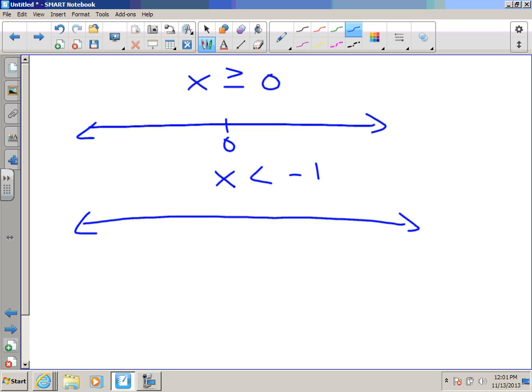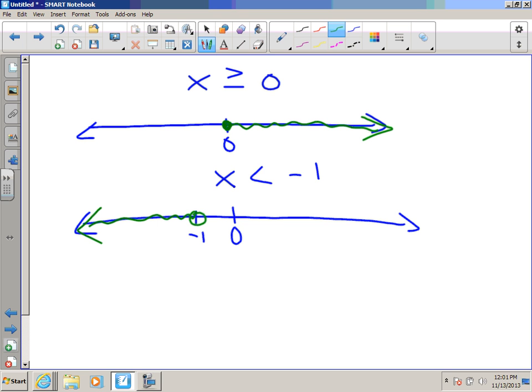It's always a good idea to put these on top of each other. Greater than or equal to 0 means I'm going to use a point on the 0, and shade which way? The right. X is less than negative 1 means I'm going to circle and shade which way?